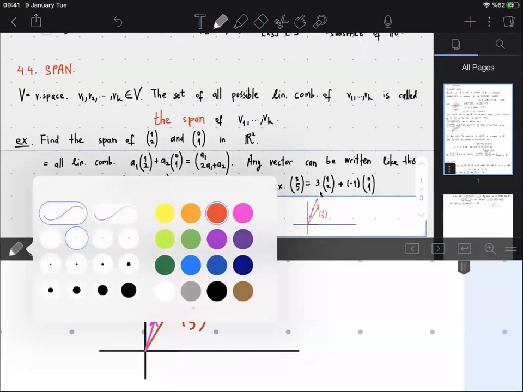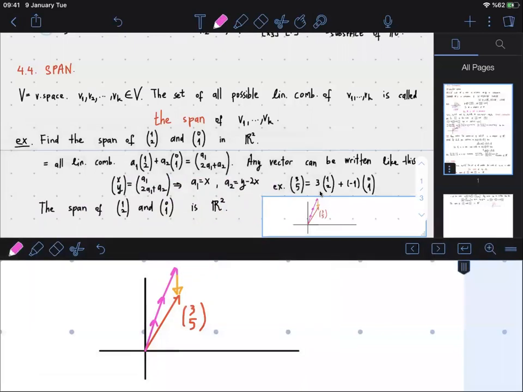This pink is 3 times 1, 2, right? And this orange is -1 times 0, 1. So I illustrated this for 3, 5, but this is true for any x, y.